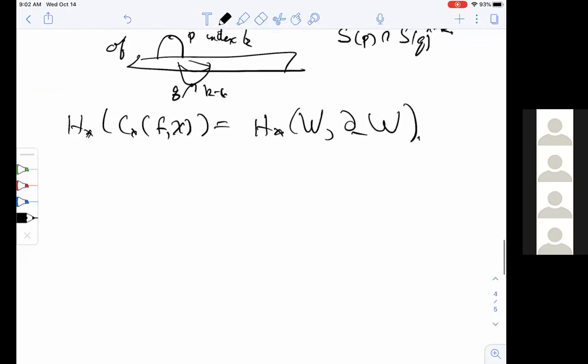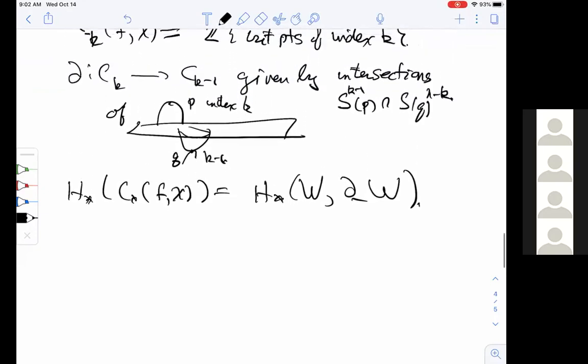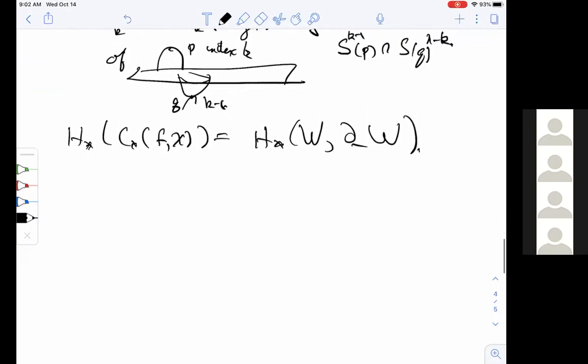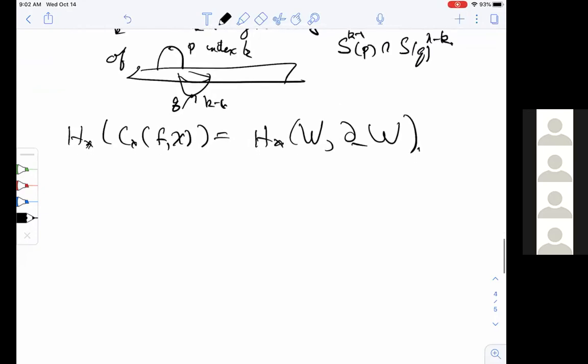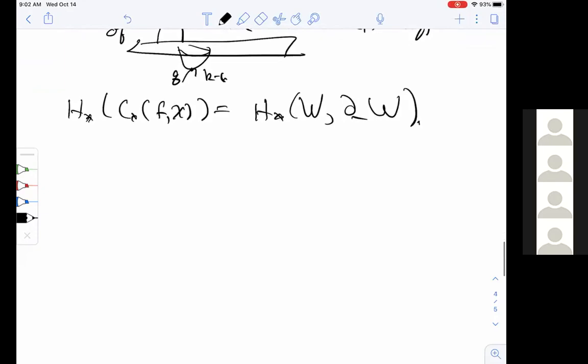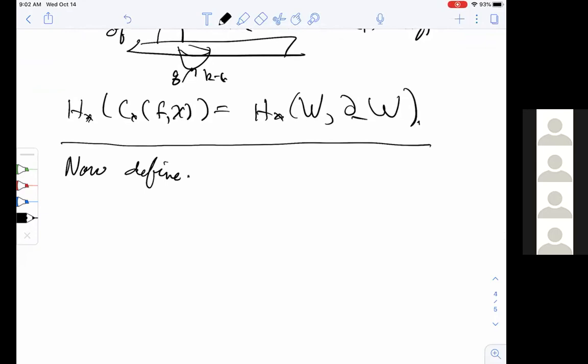All right. Well, now I need to work over the fundamental group, and I'm going to make choices and constructions very similar to what we did in the case of a CW complex, but it's in the context of Morse theory. So now I want to define a chain complex over the integral group ring.